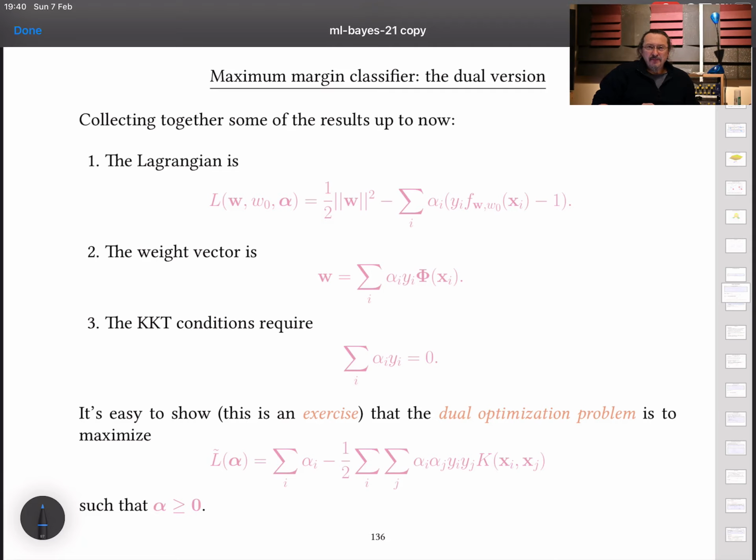Point three is that the theory that's available that tells us about that kind of constrained optimization problem then tells us what form the solution has to take. Okay, the solution being the weight vector and the bias W0 that we get out. And it tells us that W in particular has a specific form.